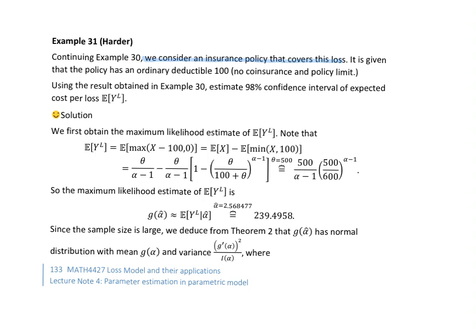You know that this policy has a deductible of 100, and other than that, there is no co-insurance or policy limit. What we are interested to know is the expected value of the YL, which is the expected claim payment made by the company in loss events.